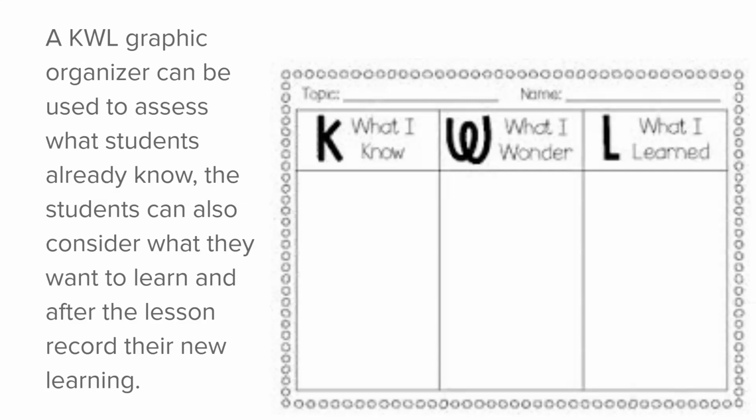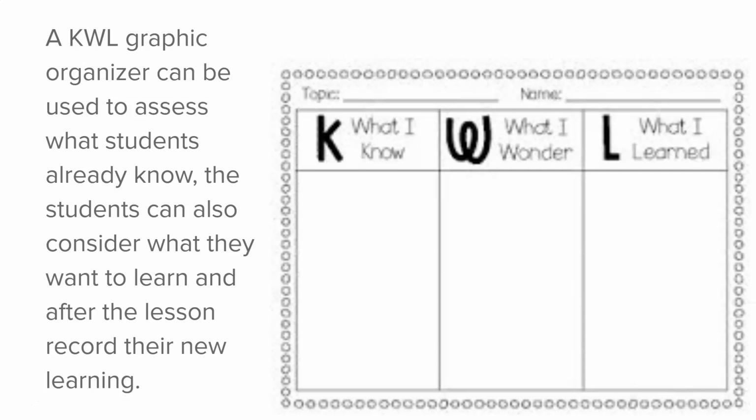What is it that they want to learn? What questions do they have? And then as a follow-up activity, you will ask them actually what they learned. So I use these charts a lot when I'm going to start any science unit or any social studies unit. If we're learning about specific themes or specific topics.